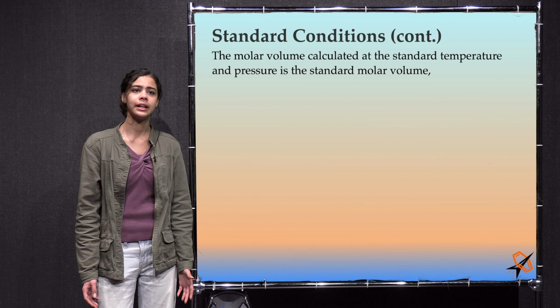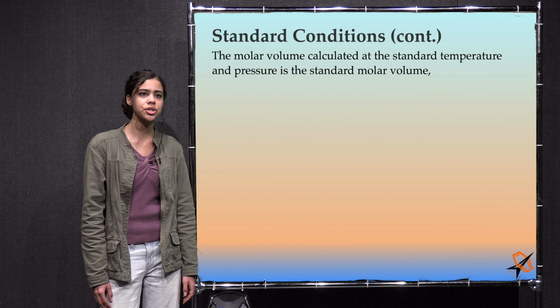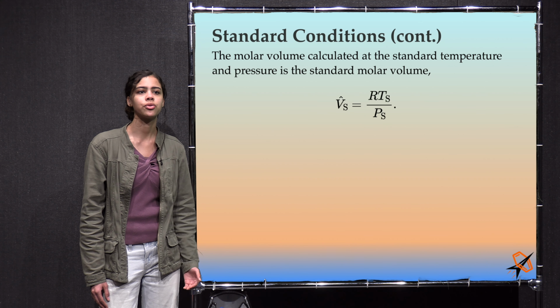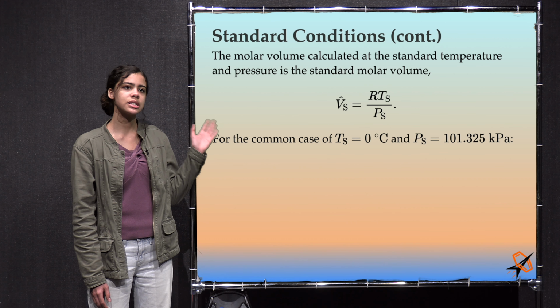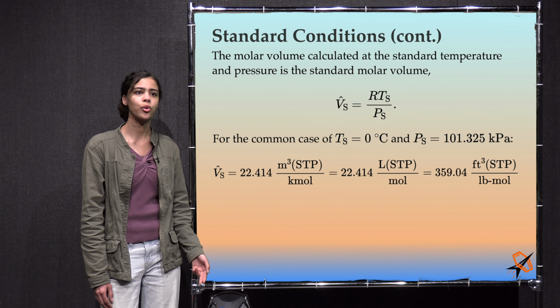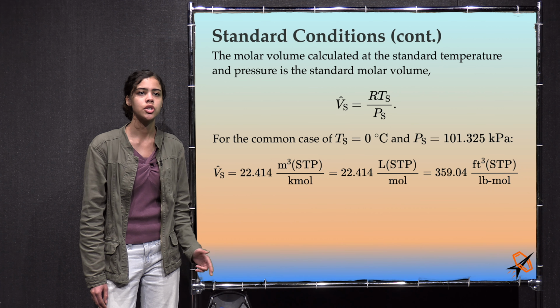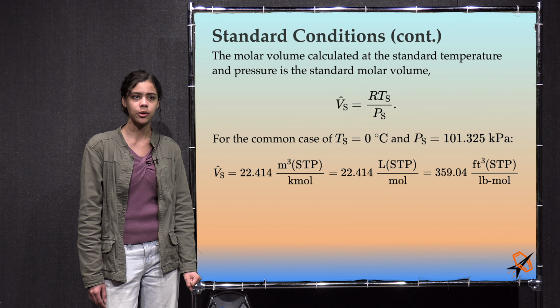If you can agree upon an STP, then the molar volume calculated at the standard temperature and pressure is the standard molar volume, V hat sub s. For the possibly common case of 0 degrees Celsius and 1 atmosphere, the standard volume is 22.4 cubic meters per kilomole, 22.4 liters per mole, or 359 cubic feet per pound mole.